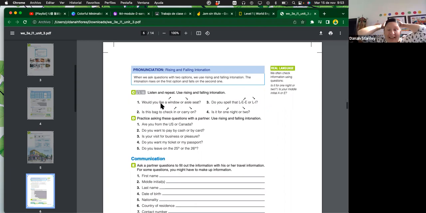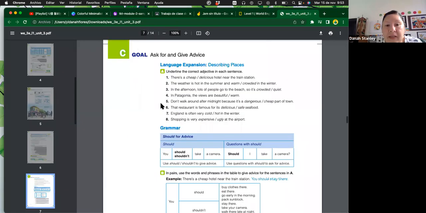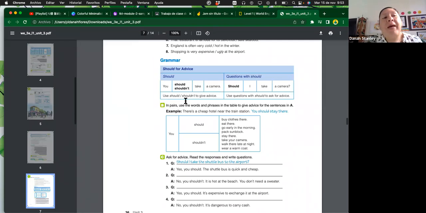Exactly. If they tell you, for example, in here, no sé, es que este es basic one, ¿no? O sea, you cannot use this, test, teach, test.